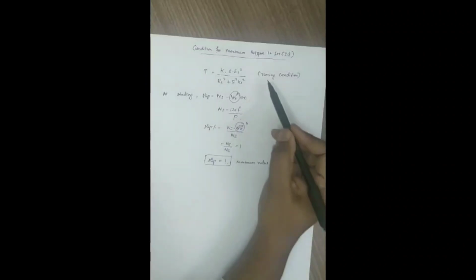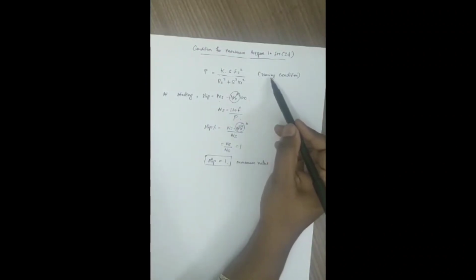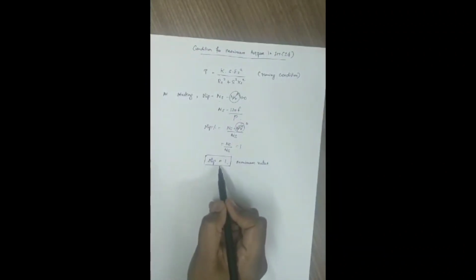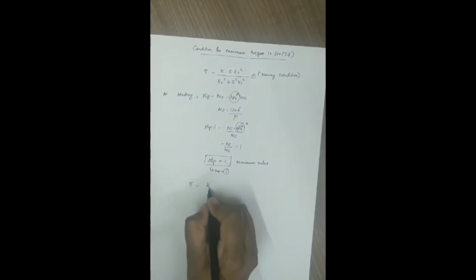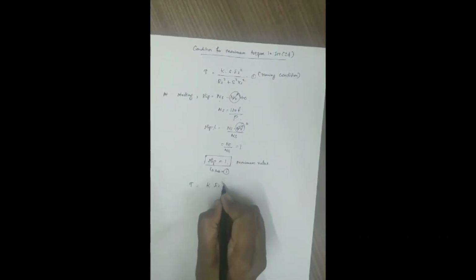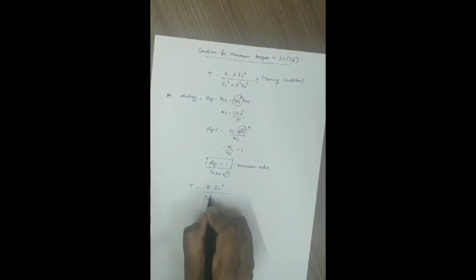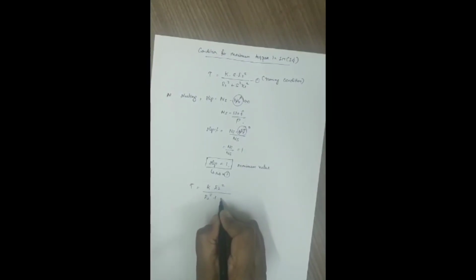So the condition we are going to substitute in the running condition torque equation is S equal to 1 in the first equation. If we substitute S equal to 1, torque is equal to K into E2 squared divided by R2 squared plus X2 squared.